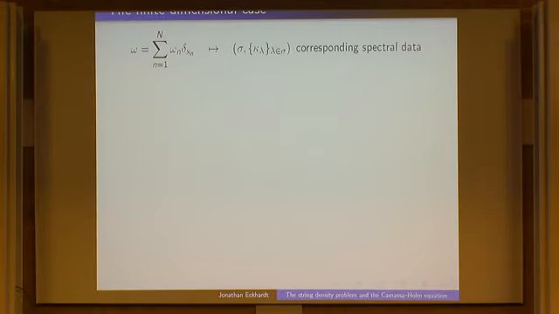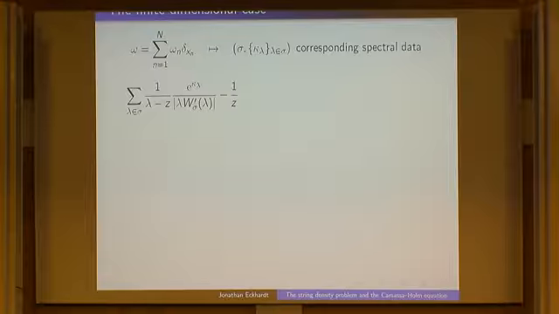So what is the key observation of Mark Rainer? If you start with a weight like this, and you consider the corresponding spectral data up here, then you consider this strange-looking function. It's the so-called Weyl-Titchmarsh function, in maybe a slightly strange form.